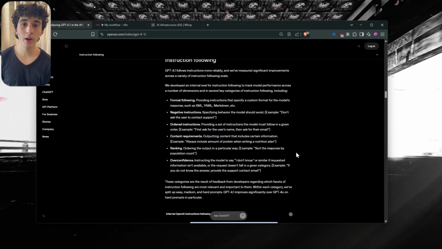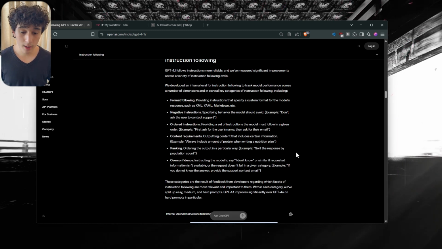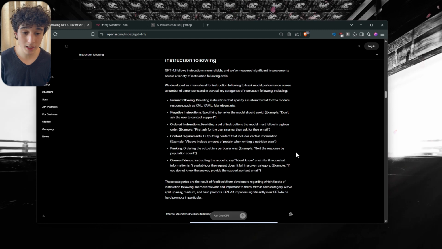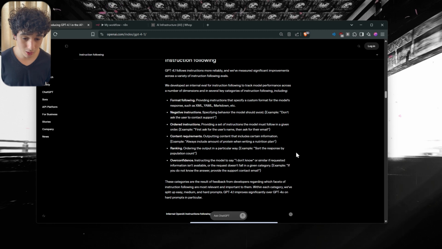Now for the final one, and probably one of the most important ones, is overconfidence. We all know that LLMs are extremely overconfident. For example, I'm just going to read it to you. Instructing the model to say, I don't know, or similar if requested information is not available. This one, I cannot stress enough how important this is for prompting AI agents and giving instructions to AI agents.